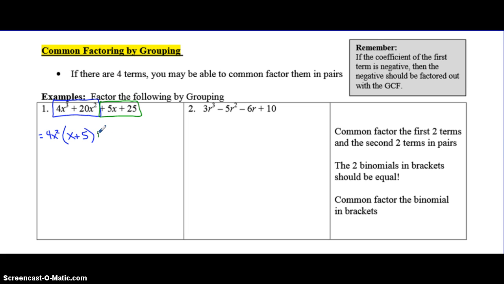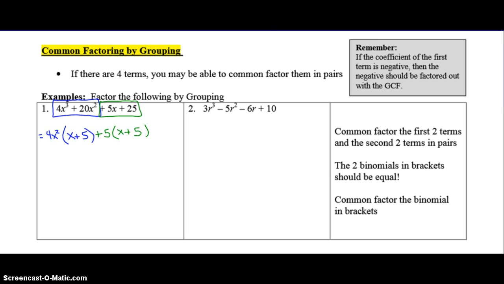The greatest common factor is 5. When you divide this term by 5, you get x. When you divide this term by 5, you get 5. So common factor the first 2 terms and the second 2 terms.